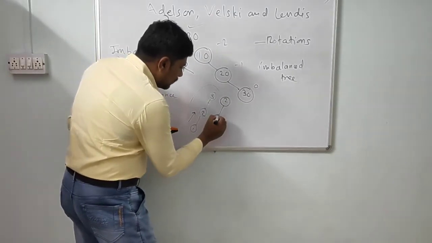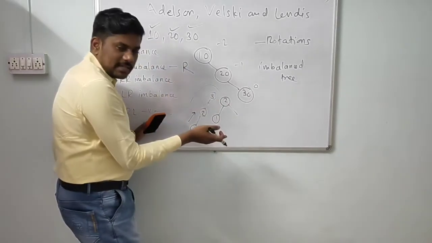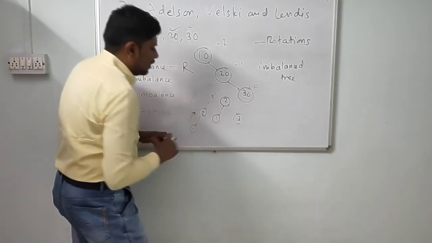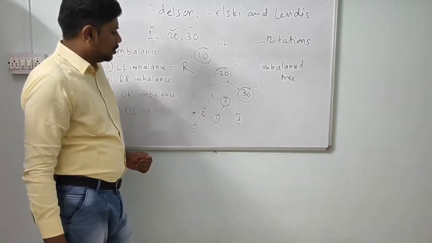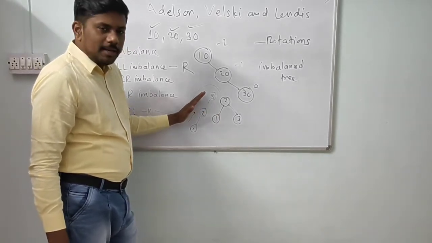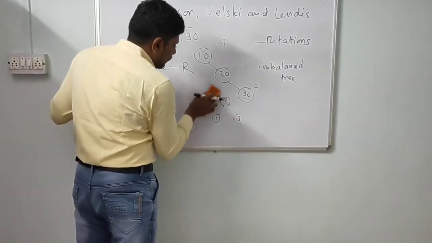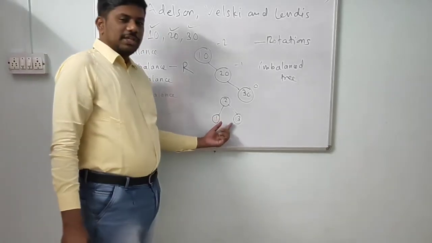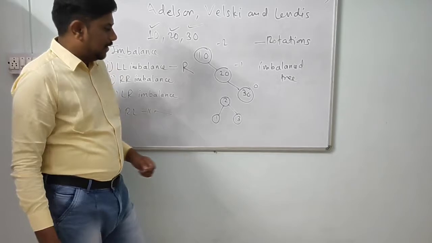When you do this, automatically 3 will be pushed to the downside on the right side. So this is right rotation. If there is LL imbalance, you should do right rotation. Now you can check the balance factor: 0, 0 and 0. So this is a balanced AVL tree.